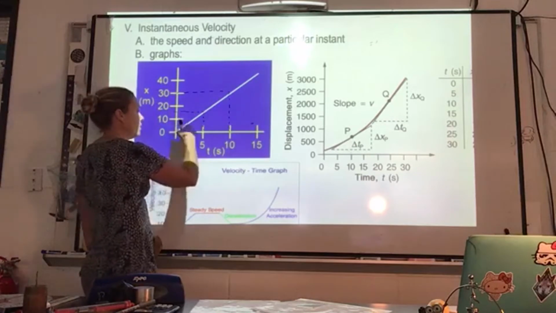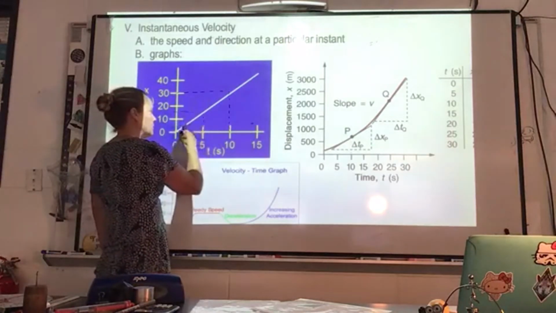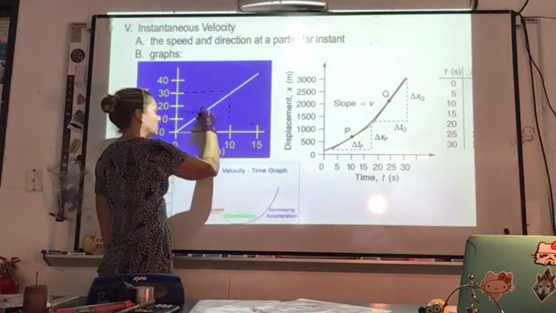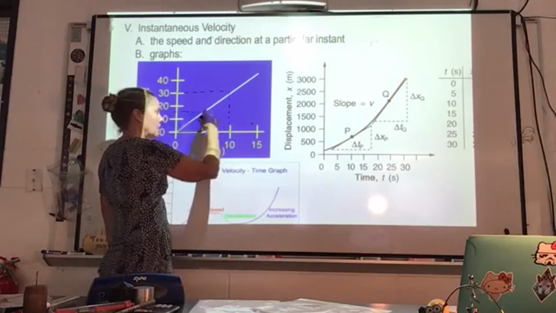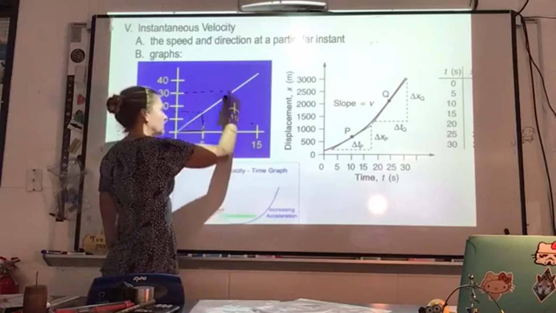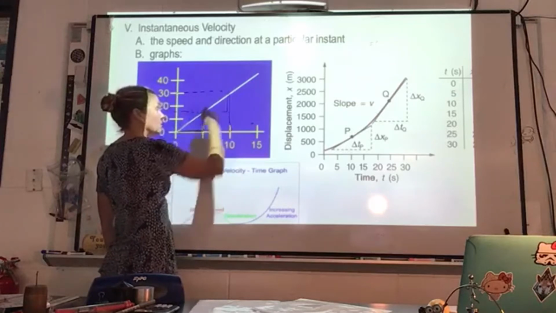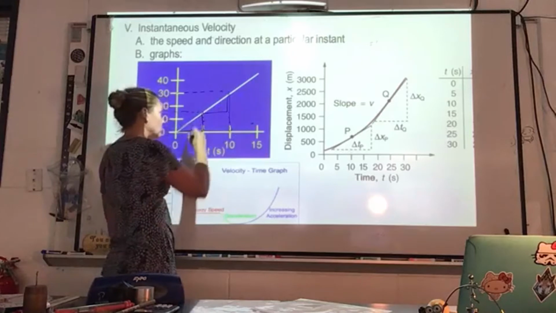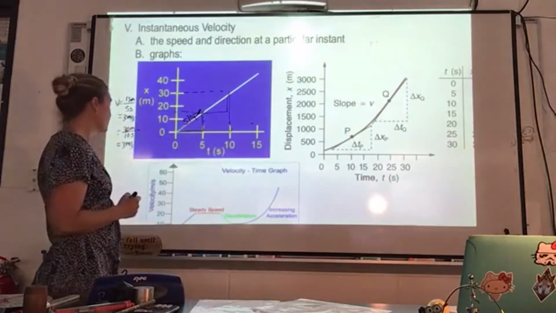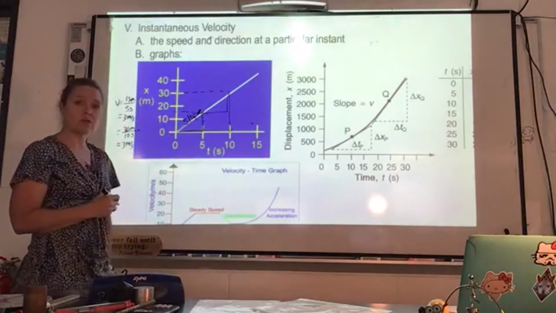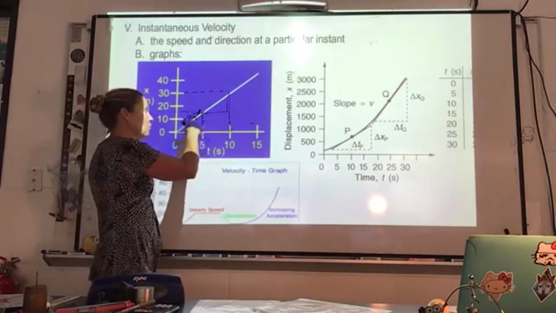What did we find out about this graph in both these cases? Didn't we just do that, and then we did that, and they're all going to be the same. What's going to be the same? The slope. Didn't we just find rise over run? Didn't we find the slope of this line?